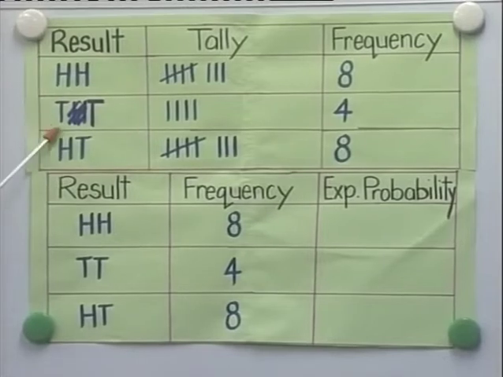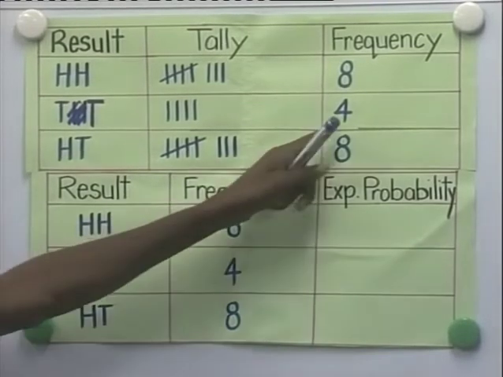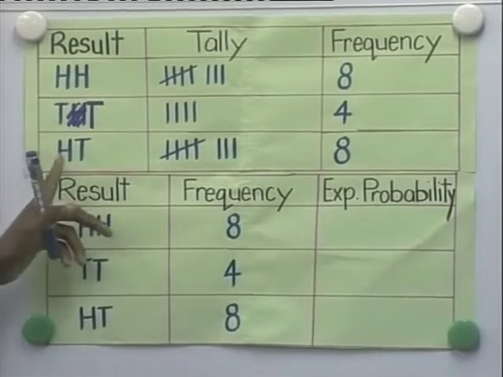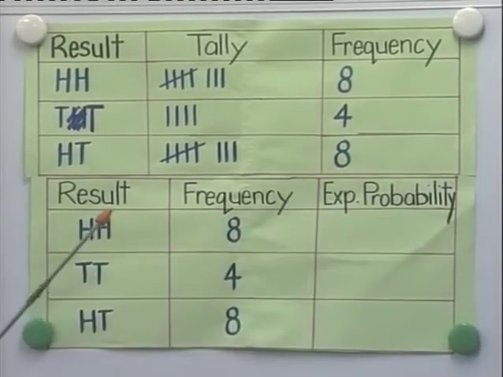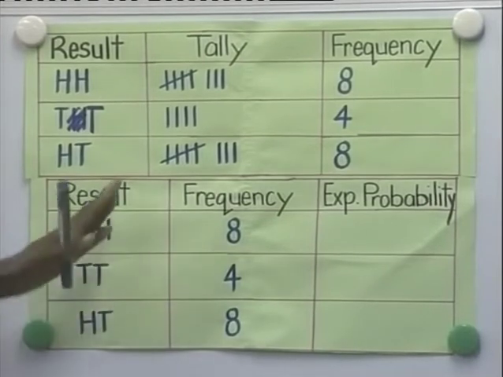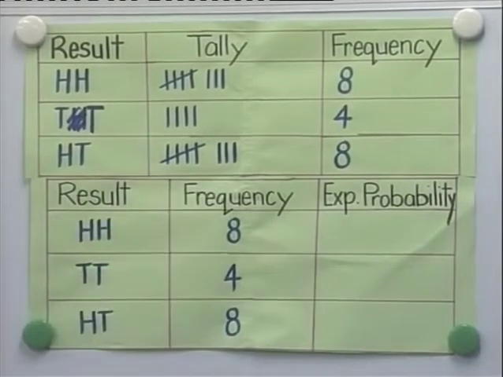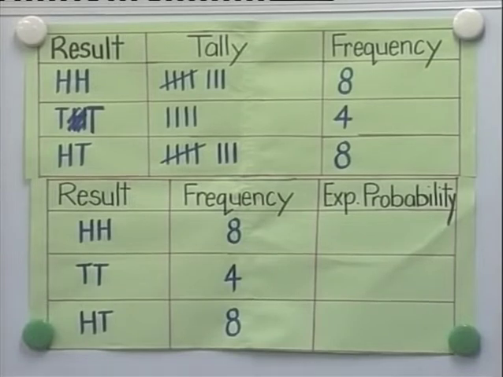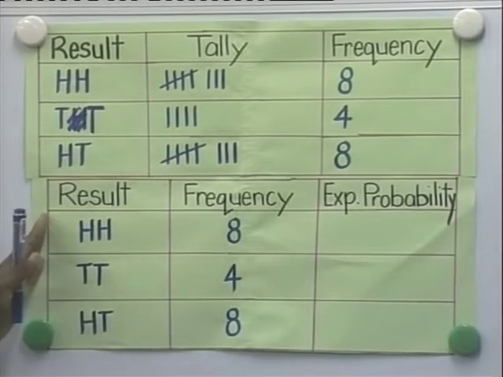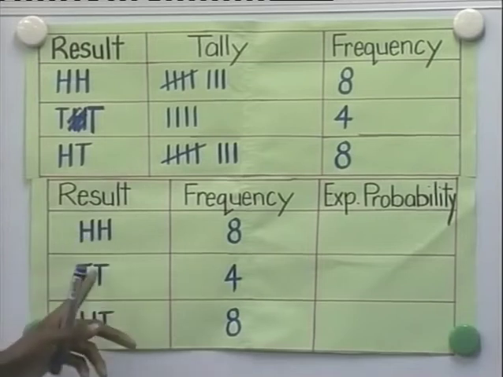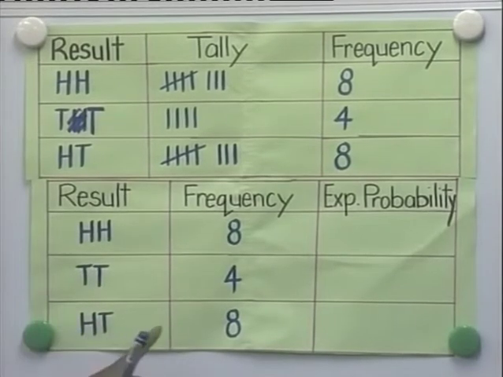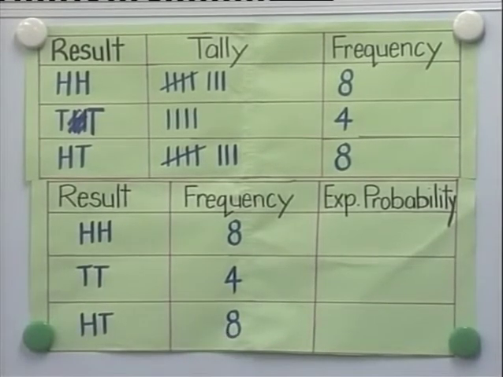For tail-tail, the frequency was 4, and for head-tail, the frequency was 8. So these are the results that were collected in the previous lesson on tossing of coins 20 times. Remember, in my example. Now, let's calculate the probabilities of head-head, tail-tail, and head-tail using the results.